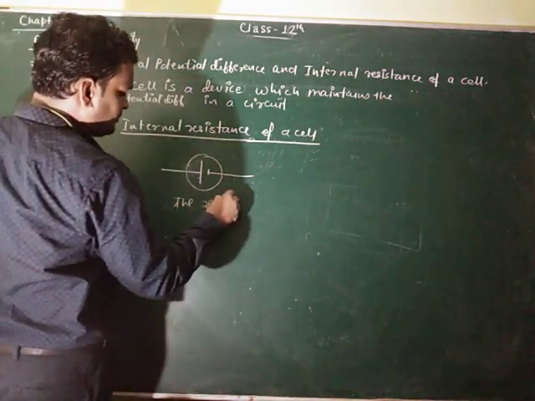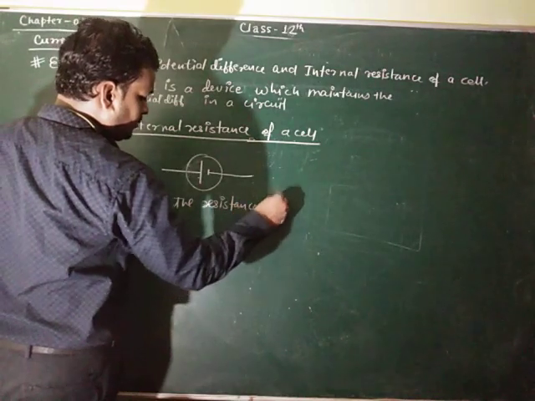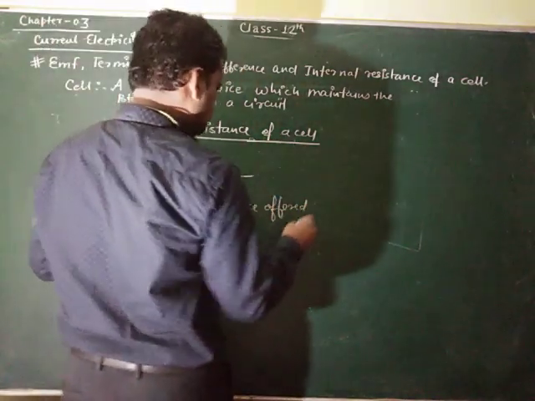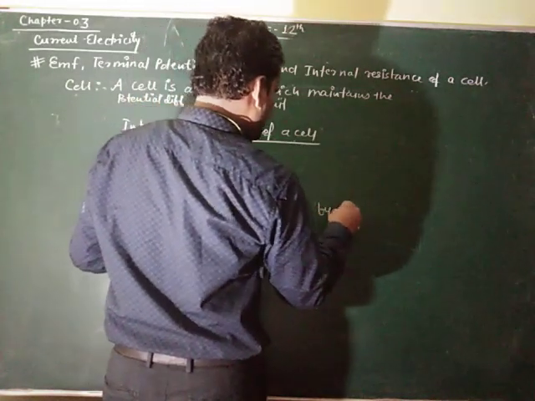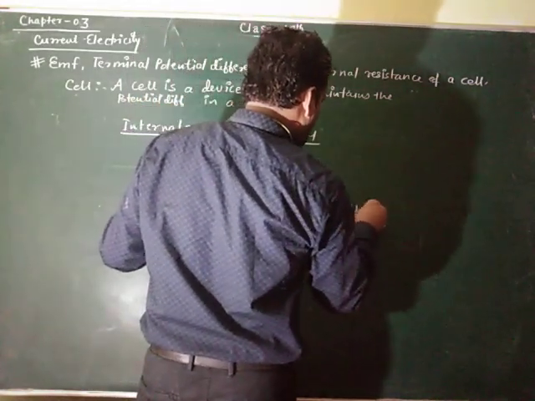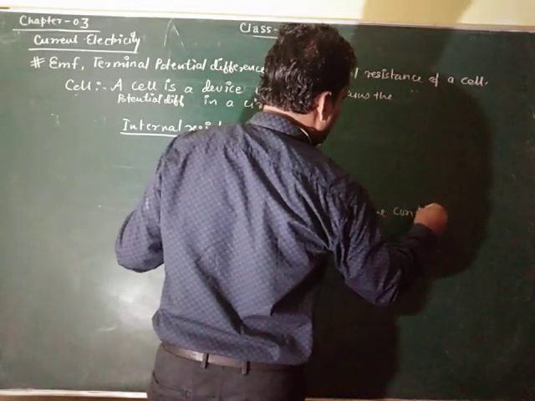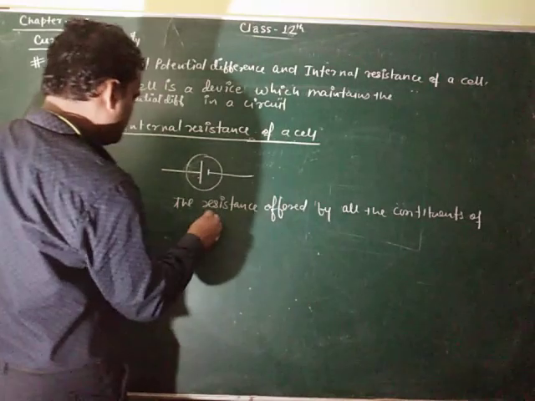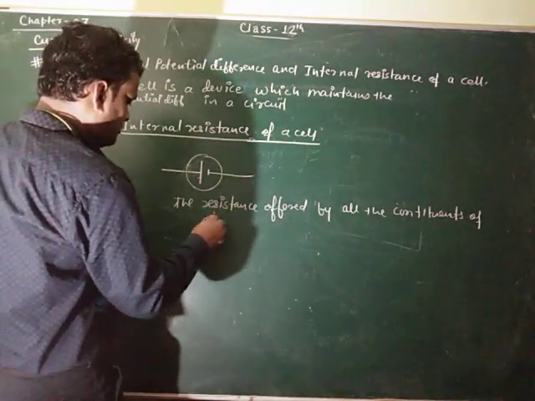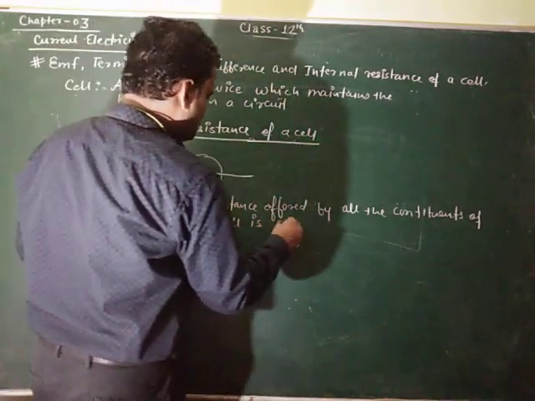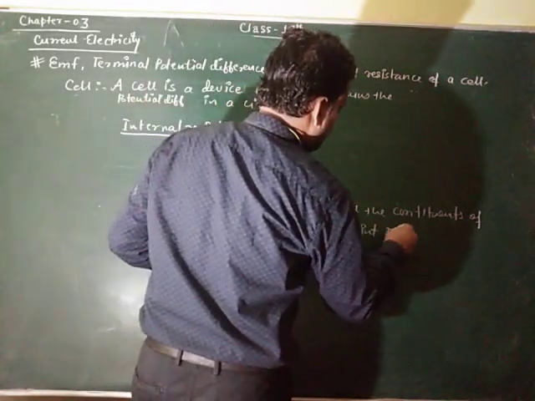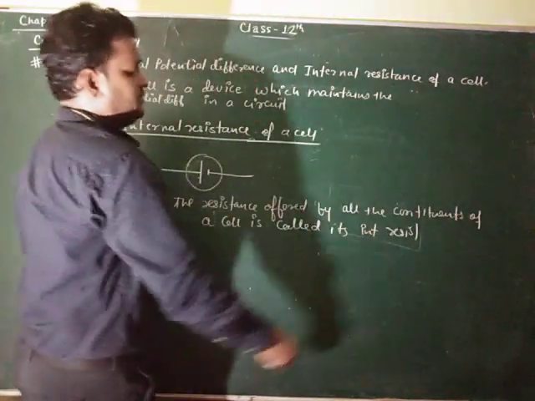The resistance offered by all the constituents of a cell is called its internal resistance.